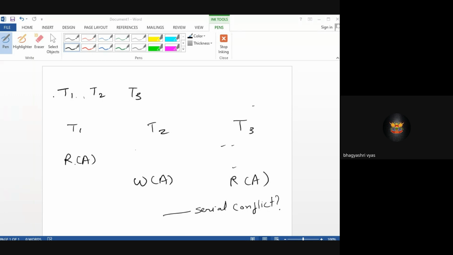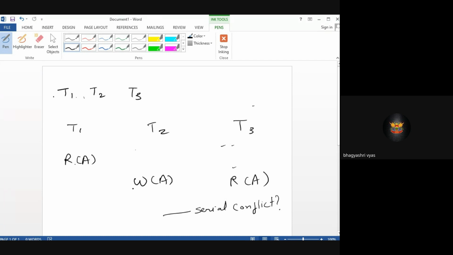And if there is conflict serializability, then you need to justify your answer. Here we can easily see that there will be a conflict.